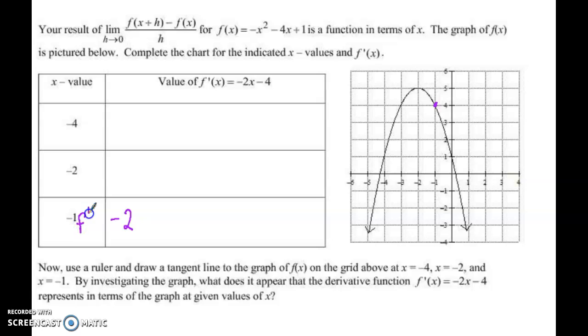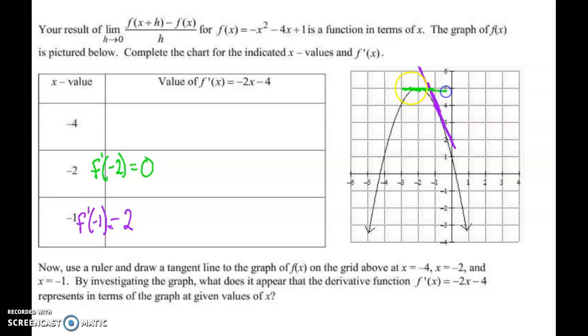So f prime of -1 equals -2. So if you were to draw a tangent line right there, you should see that it has a slope of approximately down 2 to the right 1. Same thing with this one. F prime of -2, well, when you plug that in, it should give you 0.